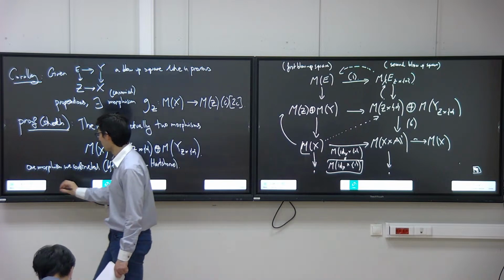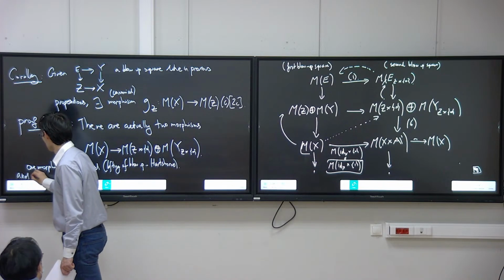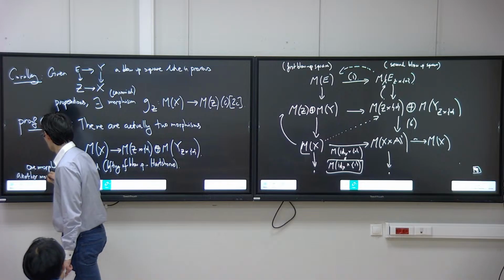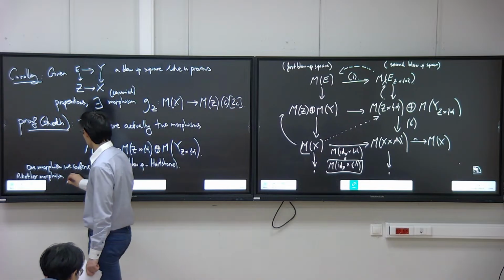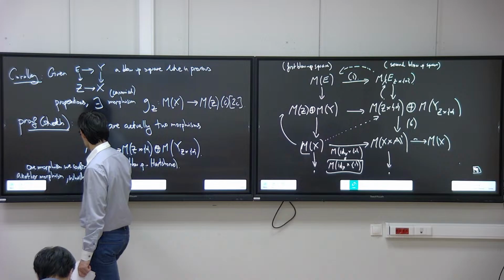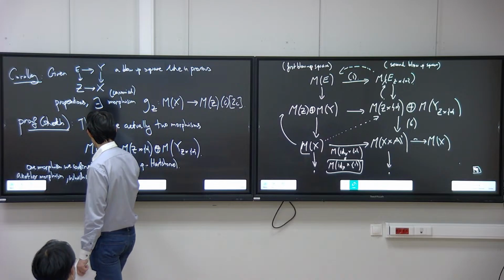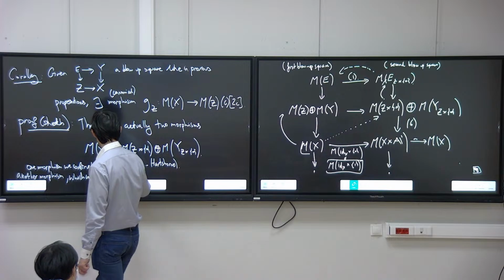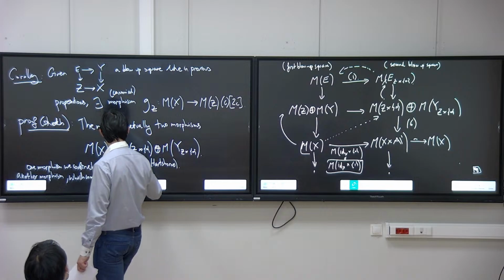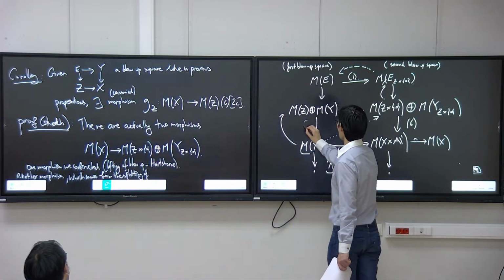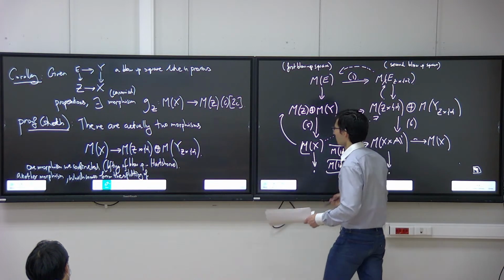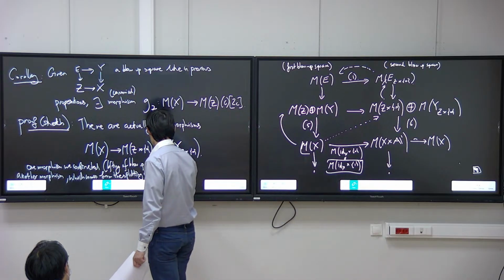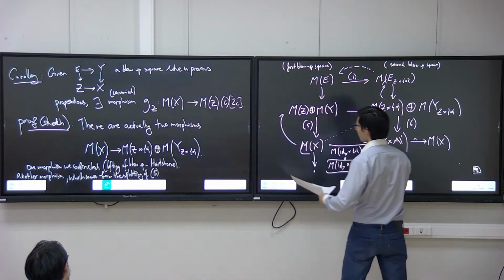And another morphism which comes from the splitting of, say, this morphism here, let's call it 5, which was the morphism that we split in the proposition. So these two morphisms turn out not to be the same.